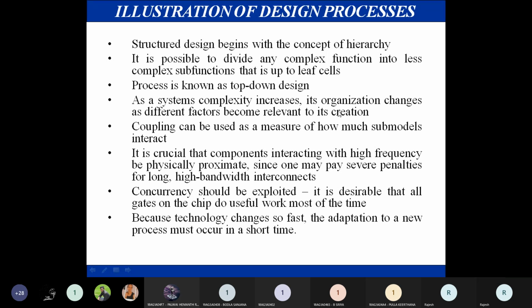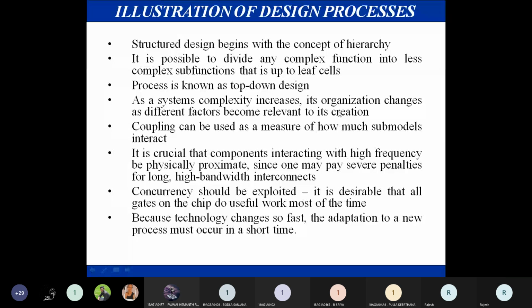Technology changes so fast that you have to adapt to the new technology within a short time. A designer starts designing in the CAD tools, writes a code for a certain logic, checks the functionality of the design, then can go for implementing in a standard design, or create his own IC.